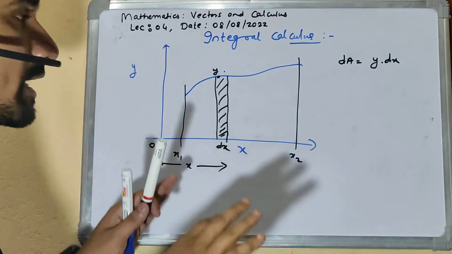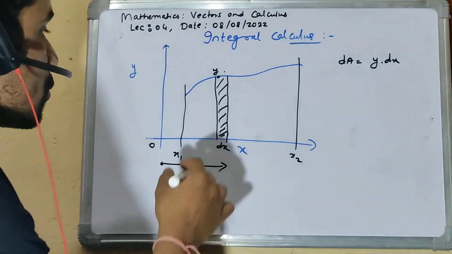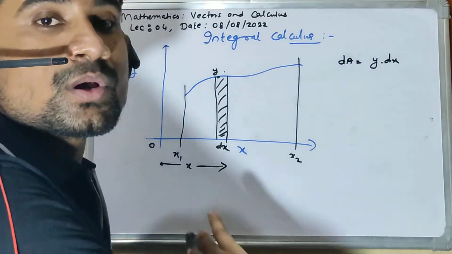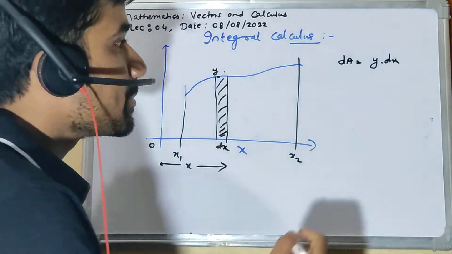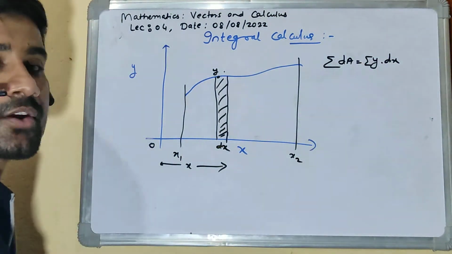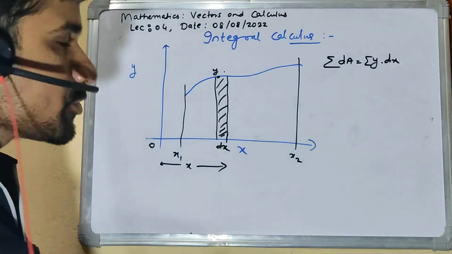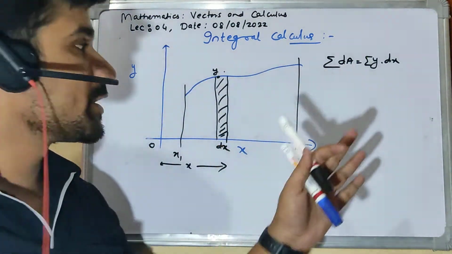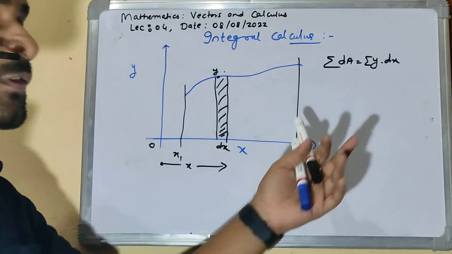And to calculate the area of the whole region, I need to have multiple strips of thickness dx, and then I need to add them all, right? Add means I need to do a summation of all these small dA's. That won't be easily possible because this is a continuous curve and not discrete, and this summation won't be very helpful.